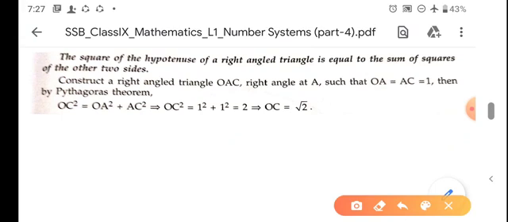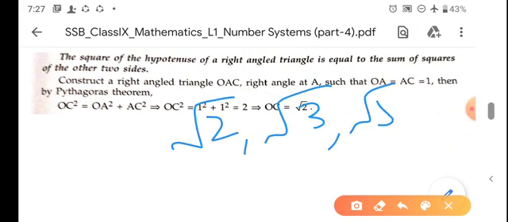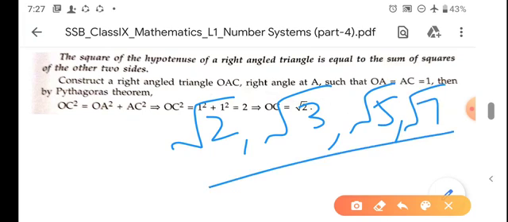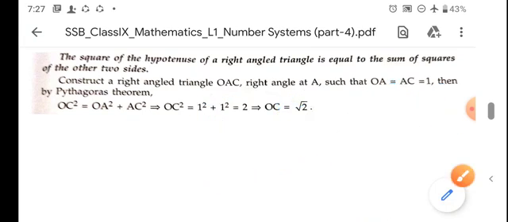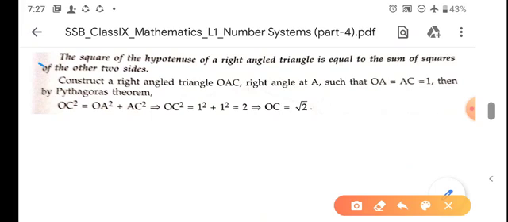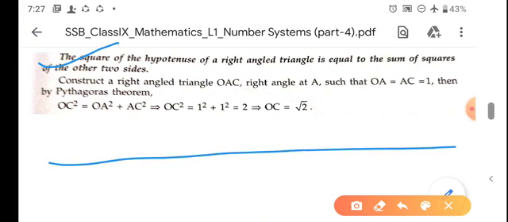So today we will study how to represent root 2, root 3, root 5, root 7 and many more irrational numbers. The basis of all of them is Pythagoras theorem. Suppose we are drawing a number line and we will construct a triangle OAC.